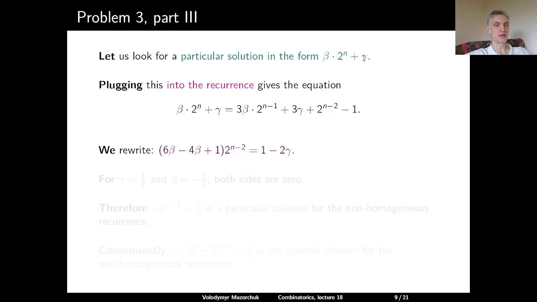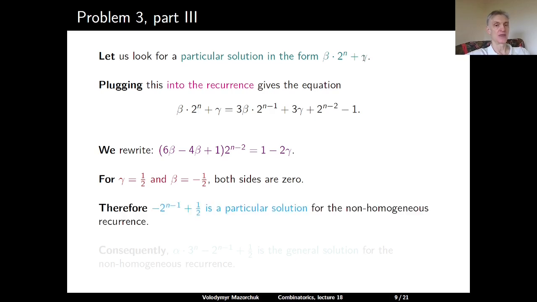And this we can rewrite as 6 beta minus 4 beta plus 1 times 2 to the power n minus 2 equals 1 minus 2 gamma. And for gamma equal 1/2 and beta equal minus 1/2, both sides are 0, and so we get the equality.